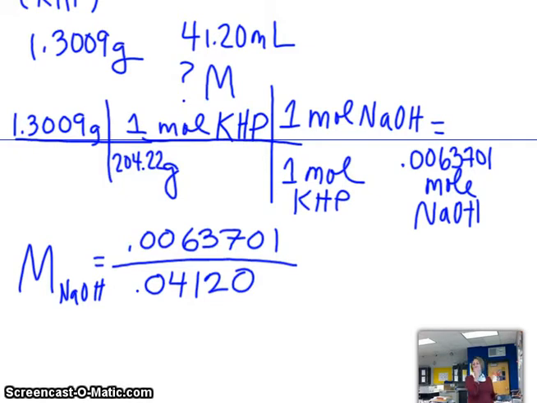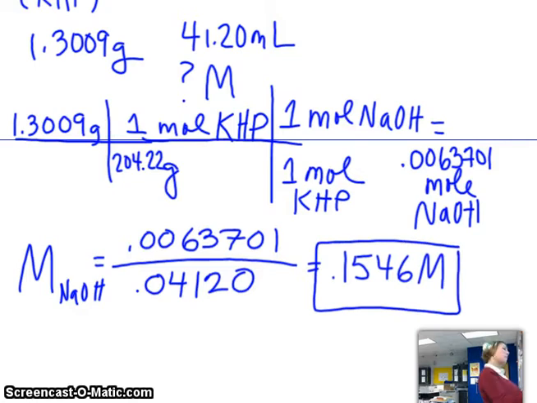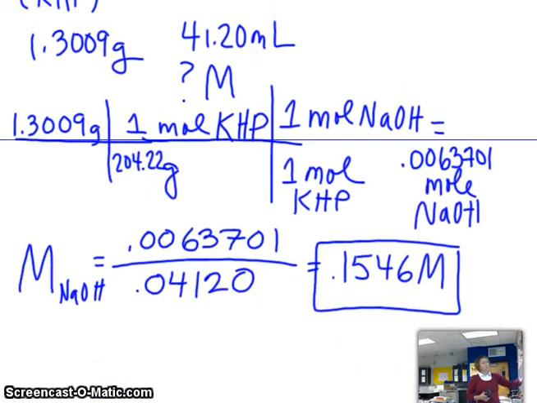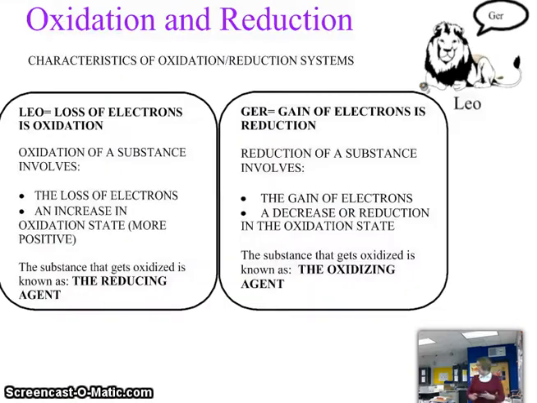That's okay to do too. I just think it's easier to convert it to liters first. So we'll take our moles and we'll divide it by our volume, 0.04120, and you should get the molarity to be 0.1546 molar NaOH. Okay? There you go. All right, let's skip forward a little bit.